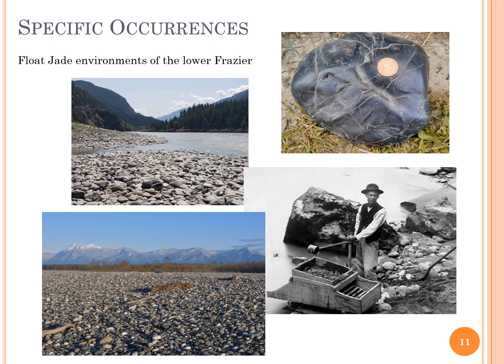Another specific occurrence, a place to find jade, is downstream from major jade-producing outcrops like the Lower Fraser. Here you could find what's referred to as float jade, or jade which has been brought down either by fluvial sources like the Fraser River or by glacial events over the past 30 or 40,000 years.